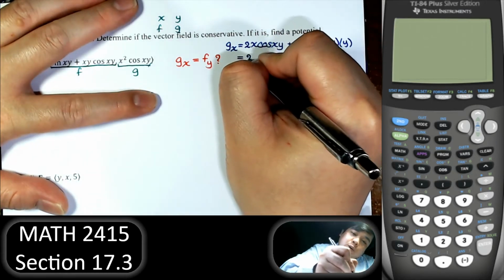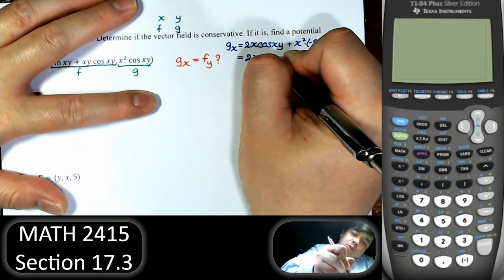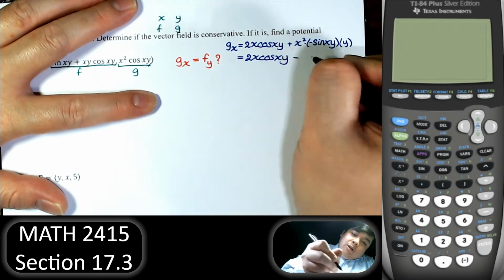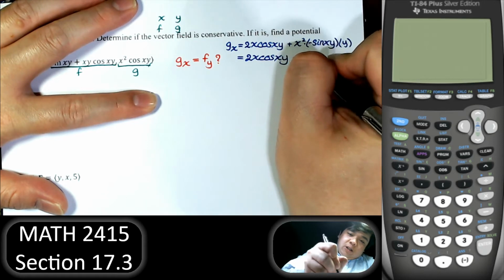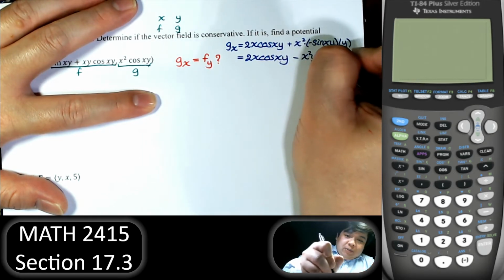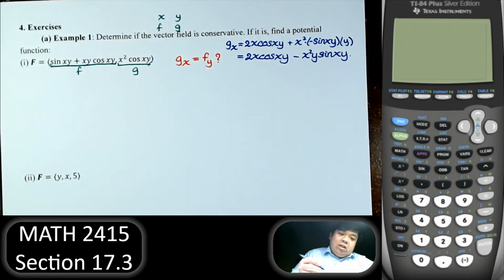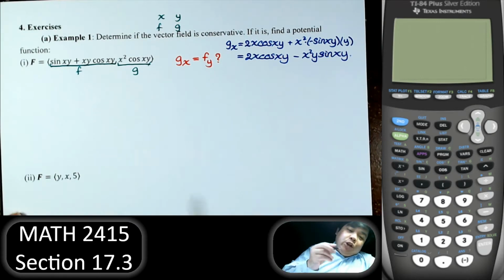So that equals 2x cosine of xy minus x squared y sine of xy. So that is the derivative of g with respect to x.